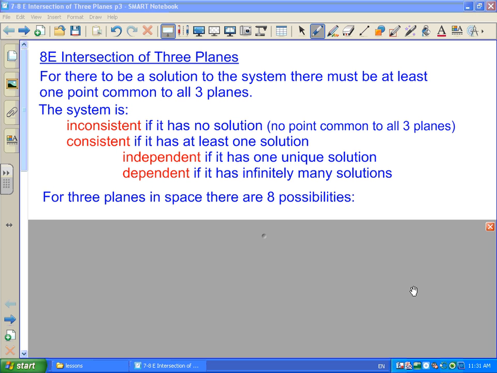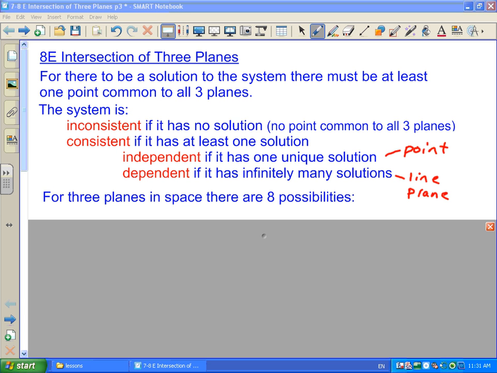And there are two possibilities here. We can have infinitely many solutions if our intersection is a line or our intersection is a plane. Whereas if it's independent, one unique solution is going to intersect in a point.